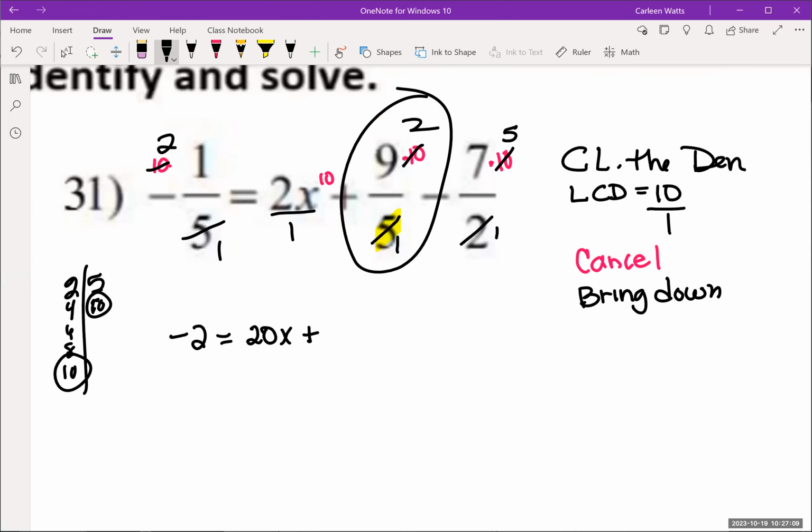Anyone have a guess? $18. Yeah. See how the 10 got canceled out and replaced with a 2?